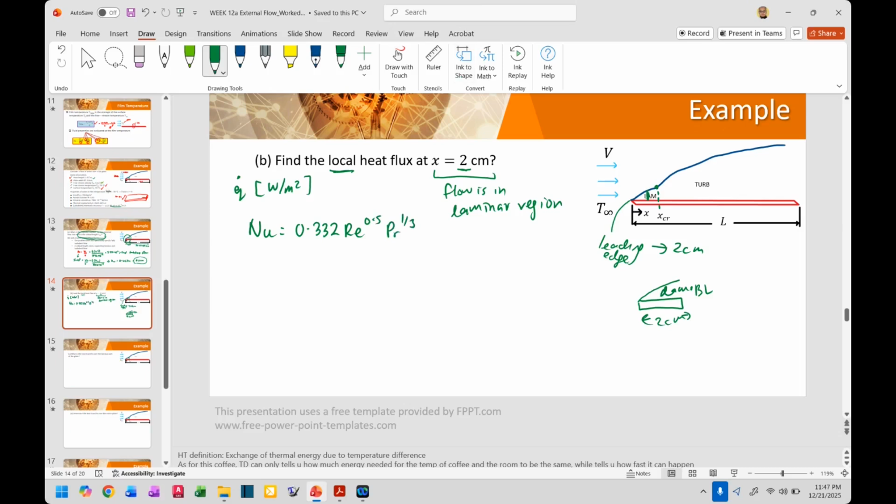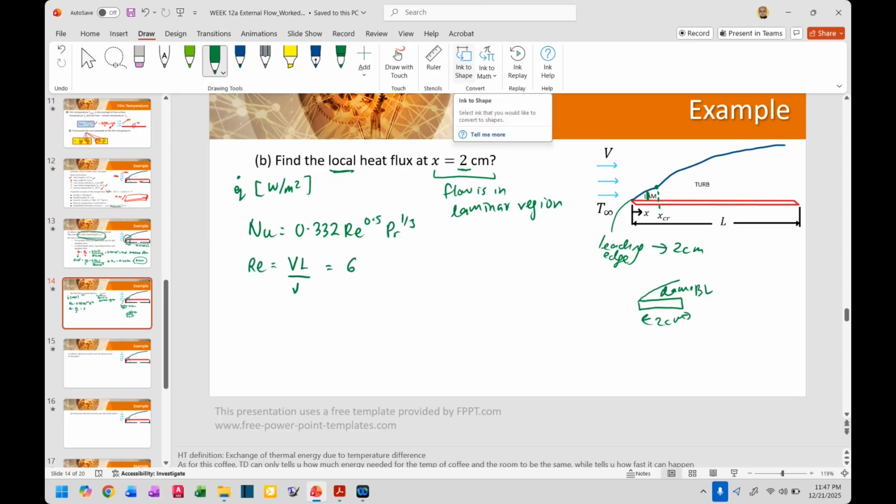Now Reynolds number is different from what we had before. Now Reynolds number is again VL over nu.